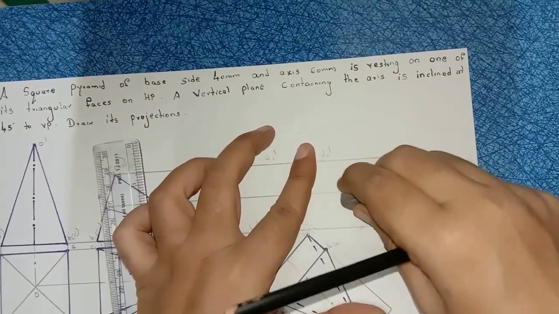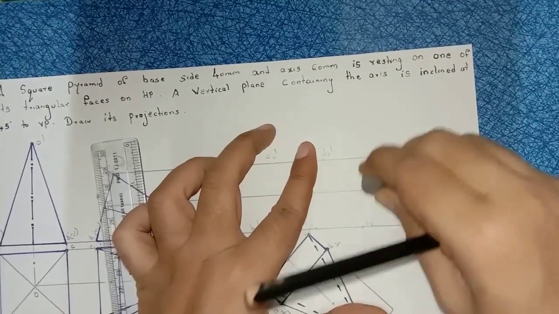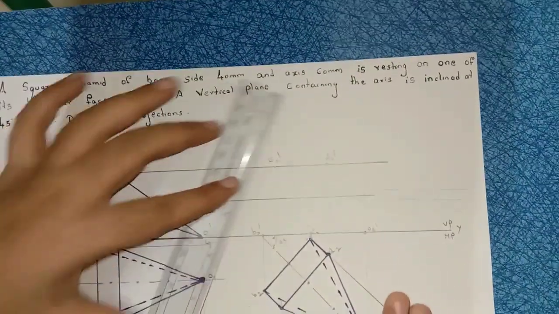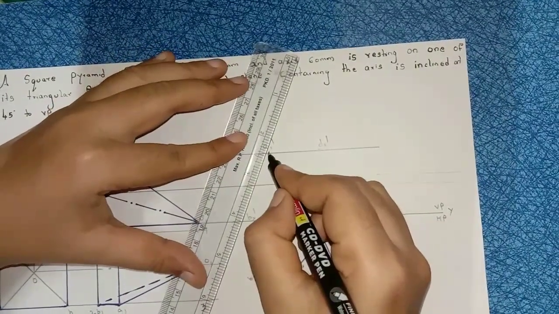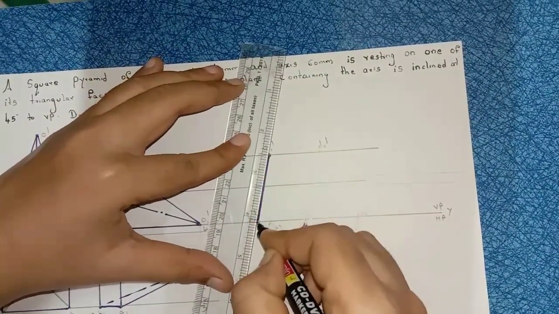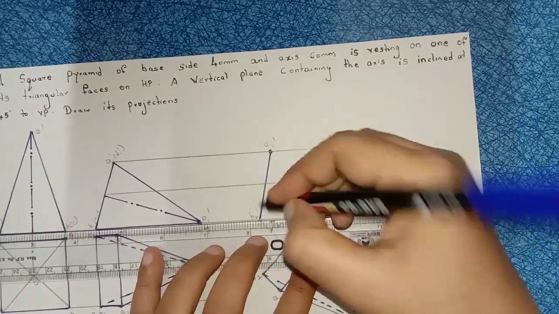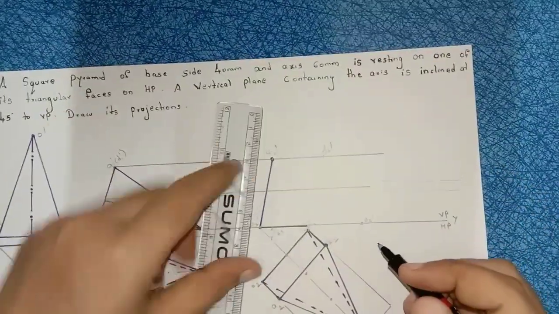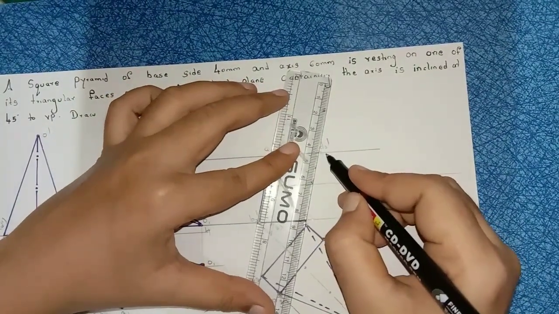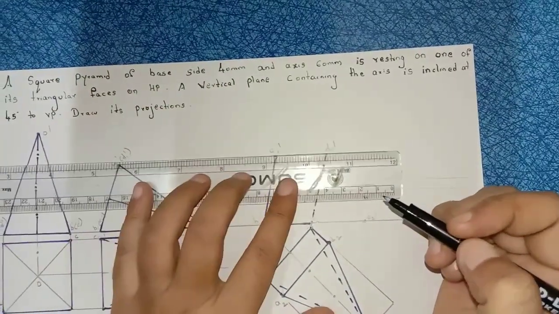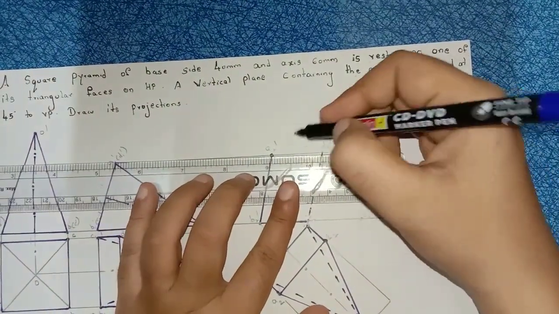Now join here A, B, C, D. You will get the square. Join A2 dash, B2 dash, B2 dash, C2 dash, C2 dash, D2 dash, and A2 dash, D2 dash.